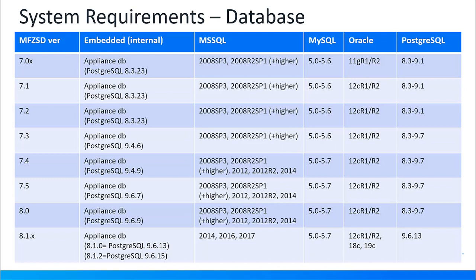And then you could upgrade your 8.1x. You can upgrade to 18 or 19 when you get a chance, because 8.2 will probably be Oracle 18 and 19. And again, same goes with the different Postgres versions, as well as MSSQL. So keep an eye on these particular versions to make sure that whatever version you're moving to, you have that in place before you start the upgrade.